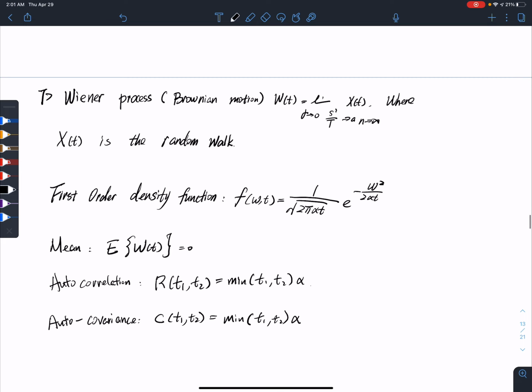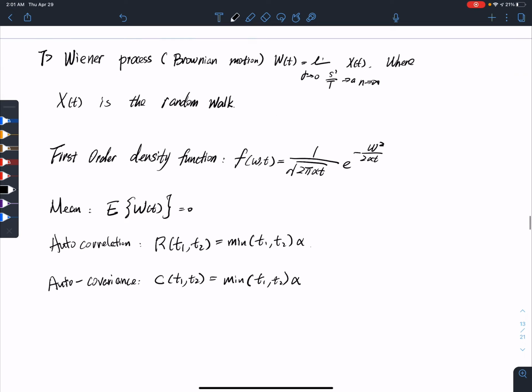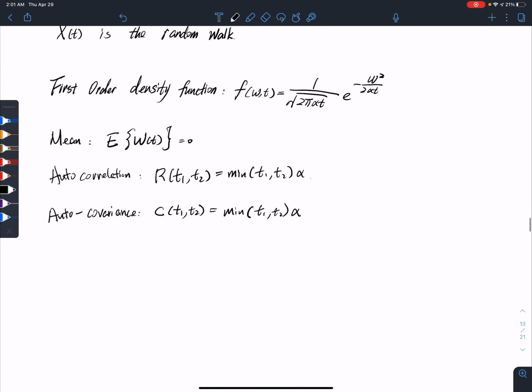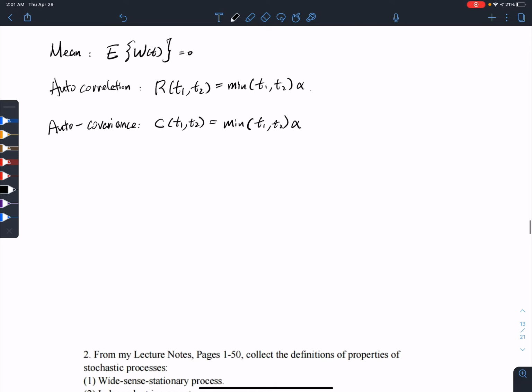The first order density is f(w, t) equal to 1 over square root of 2 pi alpha t times e to the power negative w squared over 2 alpha t. The mean is equal to 0. The autocorrelation is min(t1, t2) times alpha. The autocovariance is the same, min(t1, t2) times alpha.